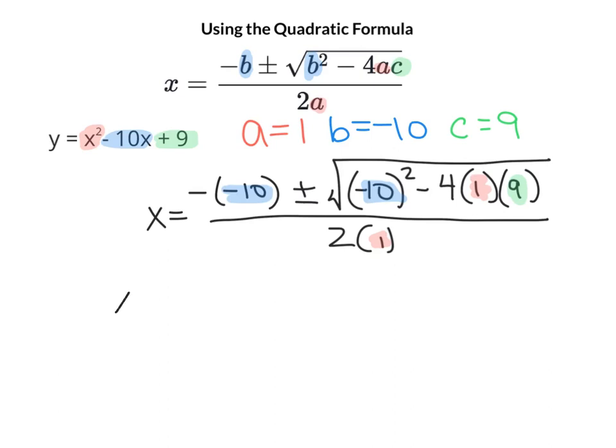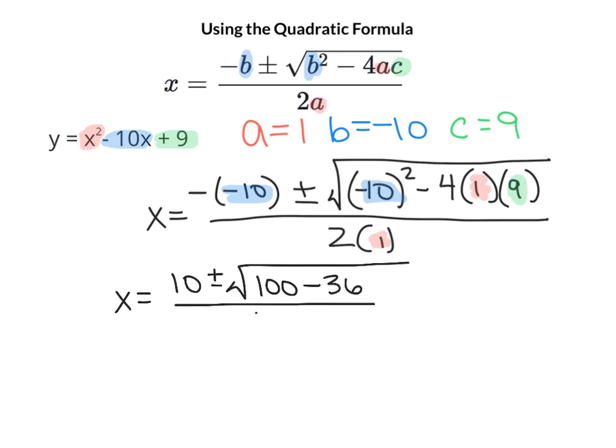Okay, so we have x equals negative 10 is going to become positive 10, because a negative times a negative is positive. I have plus or minus the square root. Well, let's see, negative 10 squared is going to be 100, and then minus 4 times 1 times 9. Well, that will give me 36, divided by 2 times 1, which is 2.